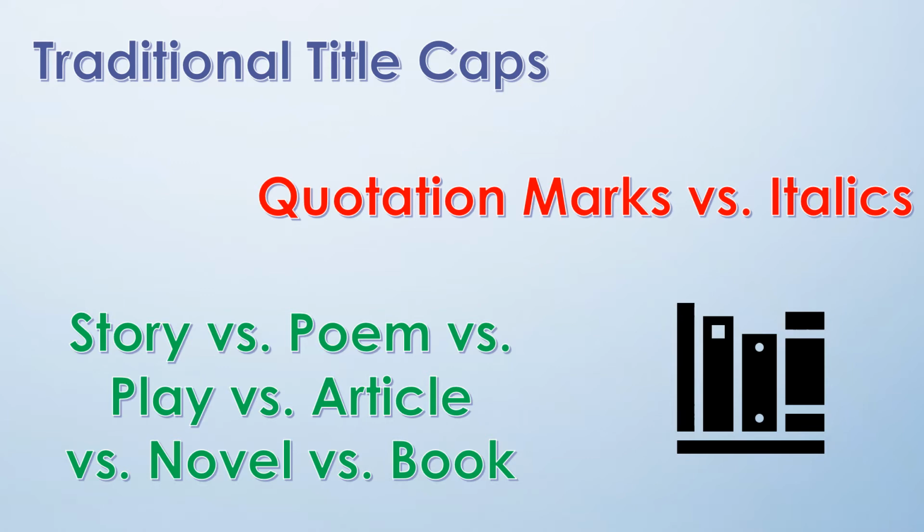Quotation marks show that the title is part of something larger: a chapter, a poem, a song, a short story, an article from a magazine, an episode of a particular television show, or a specific web page. These titles would be marked with quotation marks. If you look at the table of contents in our textbook, the titles of the individual works are given in italics, which unfortunately is incorrect.